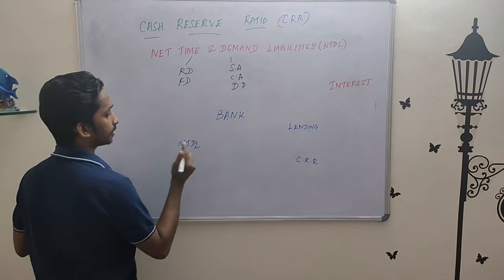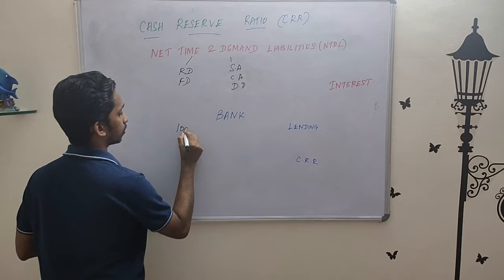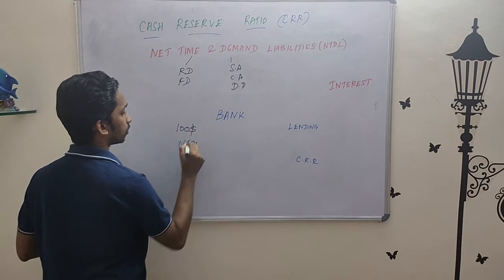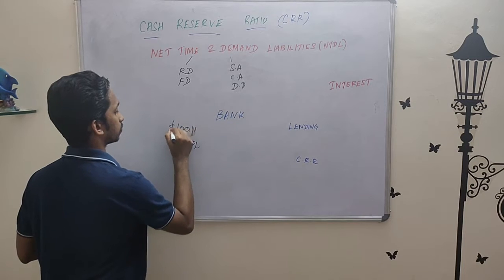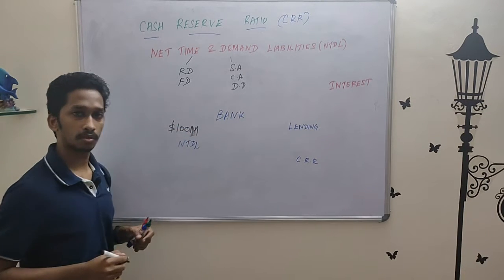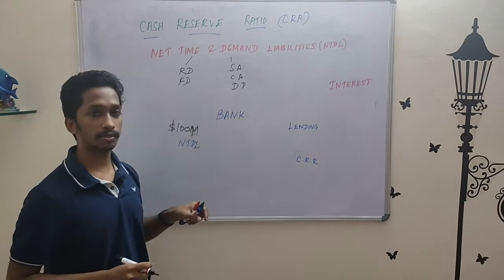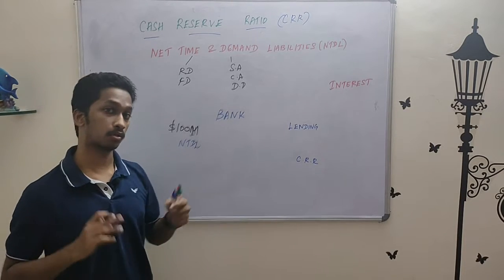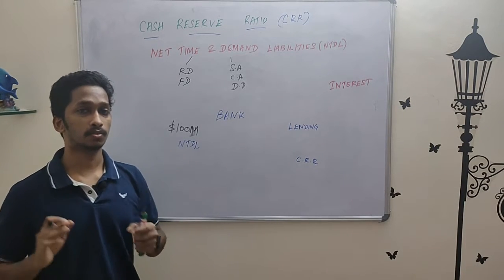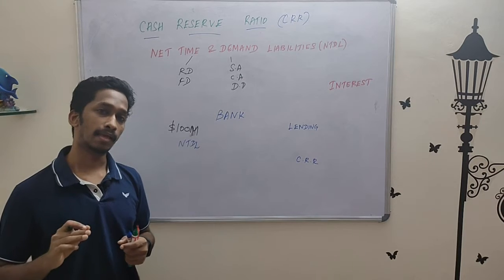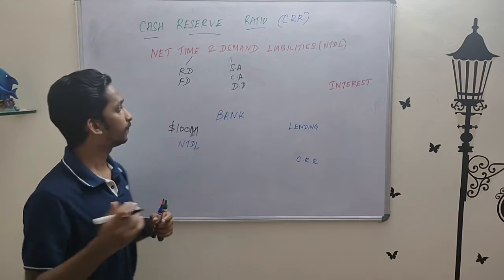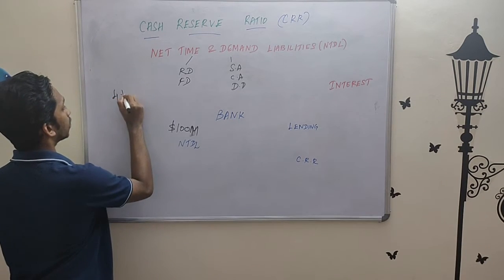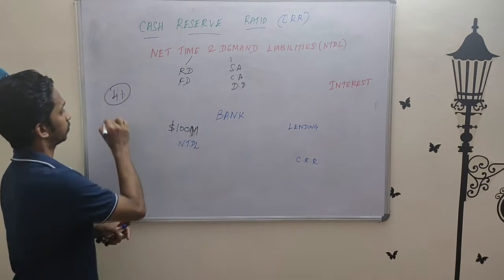Say a bank has an NTDL of $100 million. Out of $100 million, which is its total NTDL, the total deposits, the bank has to set aside a CRR and can lend only the remaining. So if $100 million is the NTDL, we learned that CRR is presently 4%.